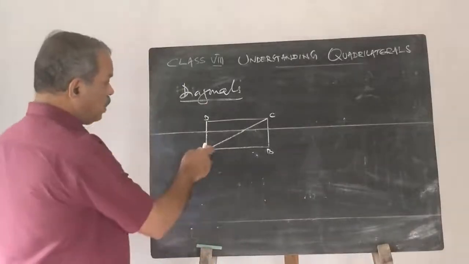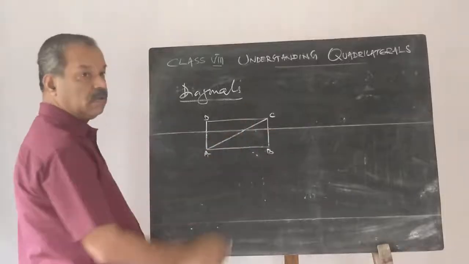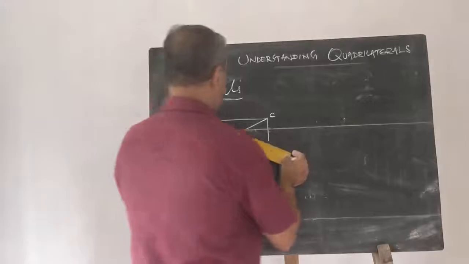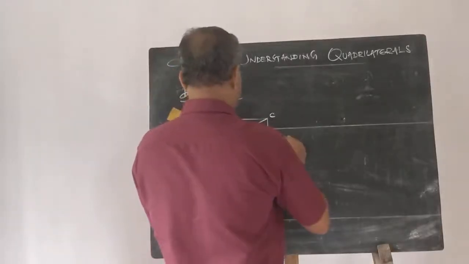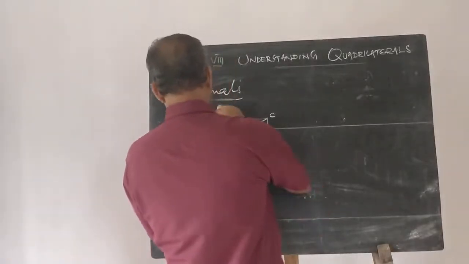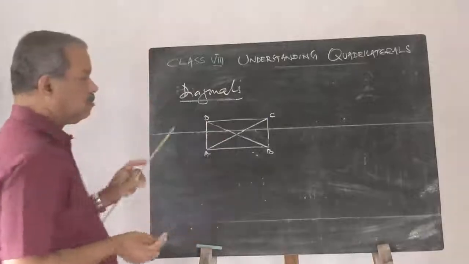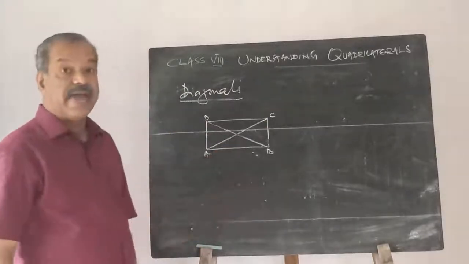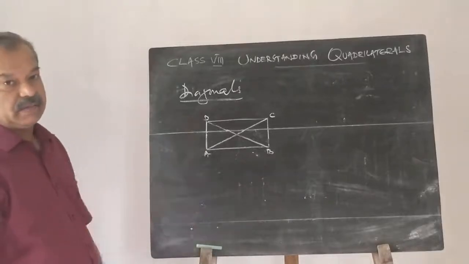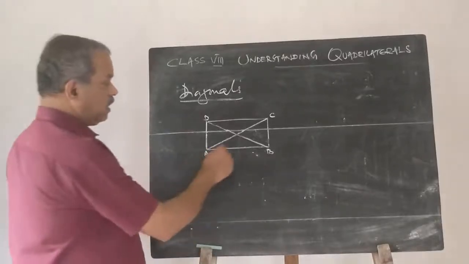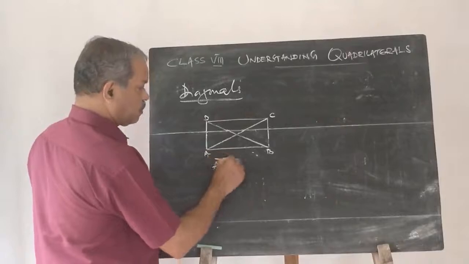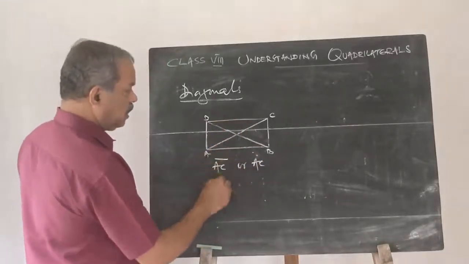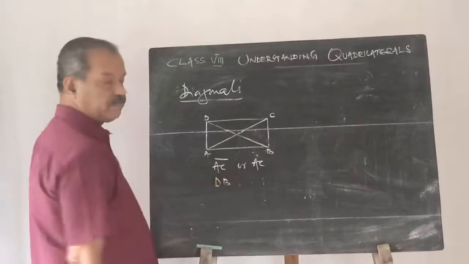And we can join A and C with a line segment. B and D can also be joined by a line segment. Such line segments are called the diagonals of the polygon. So AC is a diagonal. DB is also a diagonal.